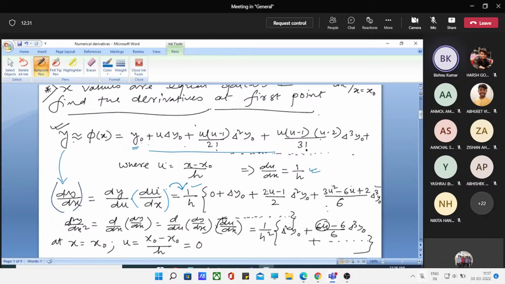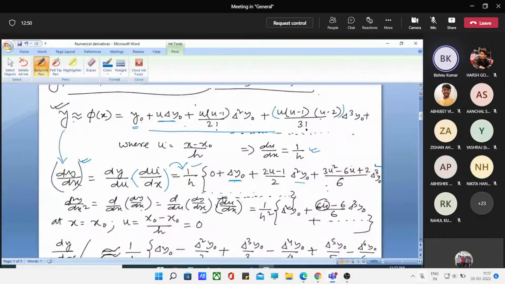Again, if you are asked to find the second derivative, you just differentiate this term with respect to u again. d2y by dx2 will be d by dx of dy by dx. But dy by dx is directly related to u, so do it first with respect to u and multiply by du by dx again by the chain rule. So 1 by h square will come.